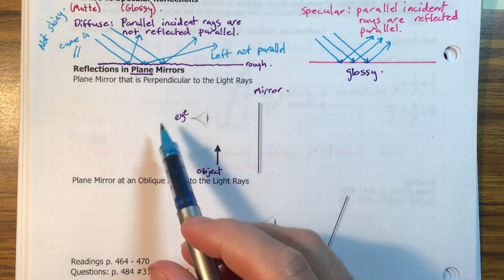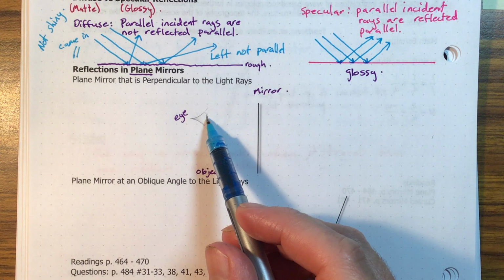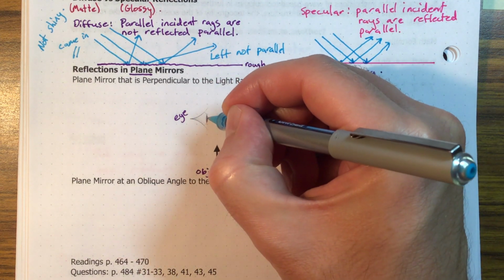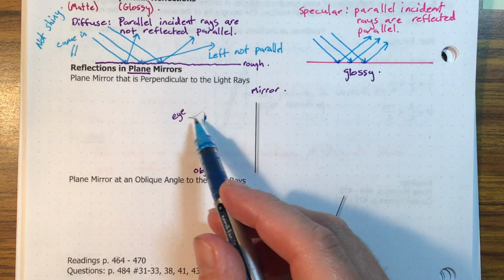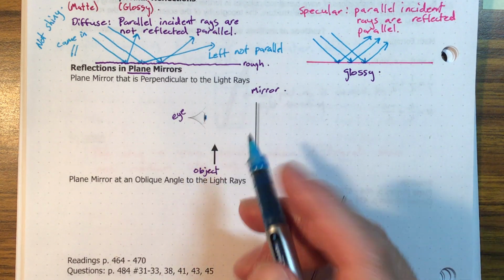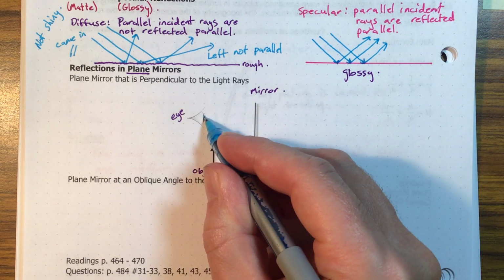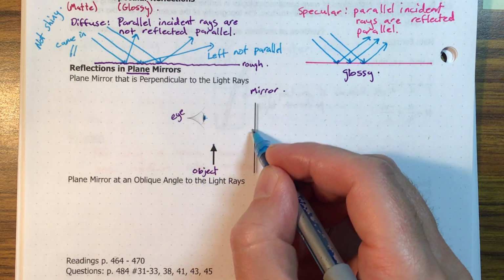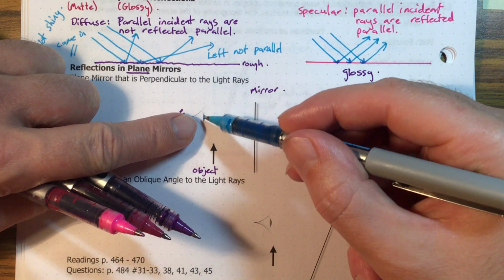Some light is going to go off this object, bounce off this mirror, and into the guy's eye. Right here, his little pupil right there. So some light is going to travel from here, hit the mirror, and bounce in. And where it hits has to be exactly halfway between these two.